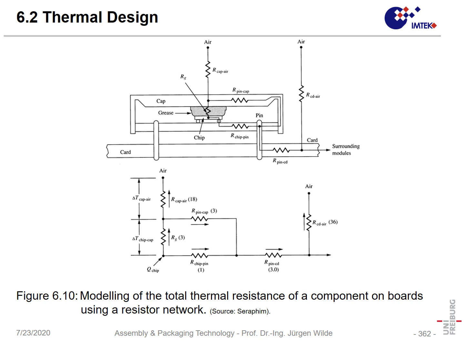And in that way you could say, okay, you have the resistance cap to air, you have the resistance card to air. Of course, you must make an assumption here about the area. For the cap, it is clear. You have the resistances going from chip via flip chip and pin into the card. You have some resistance in the card, and in that way, you can make a proper model.